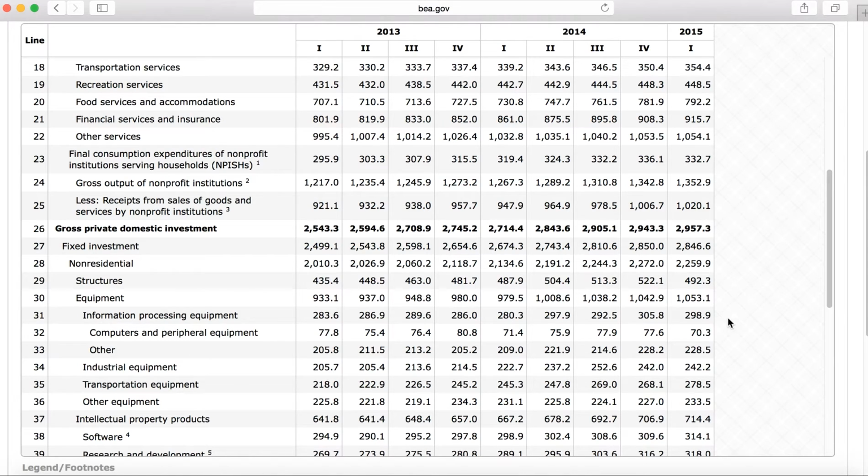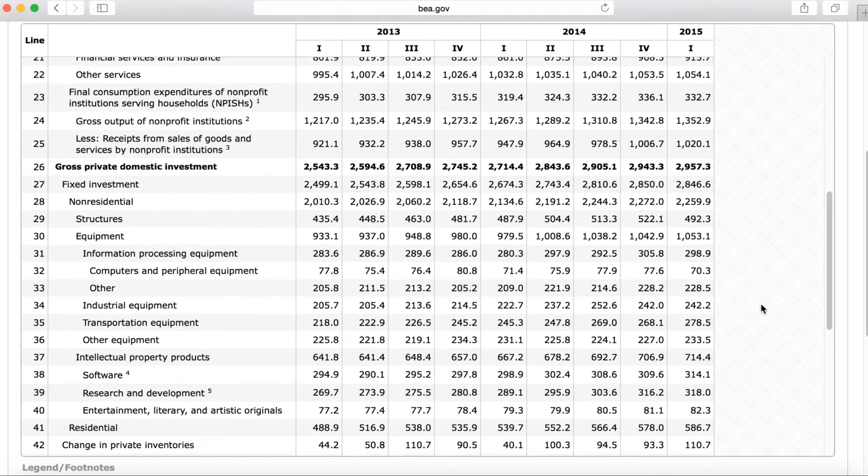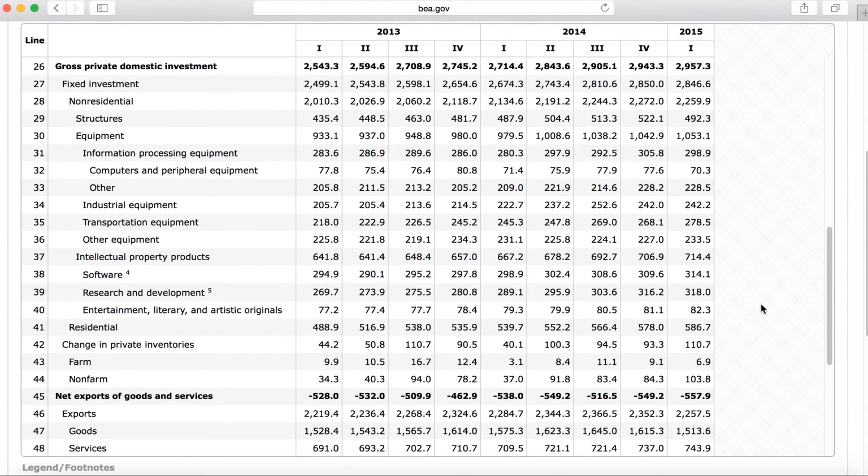Next, let's look at business investment spending. This is the second component when we look at the overall expenditure approach to GDP.